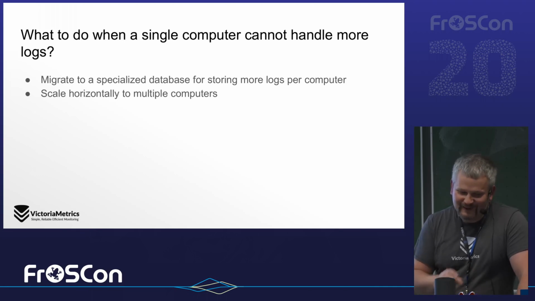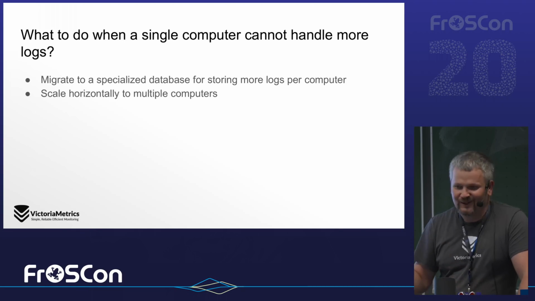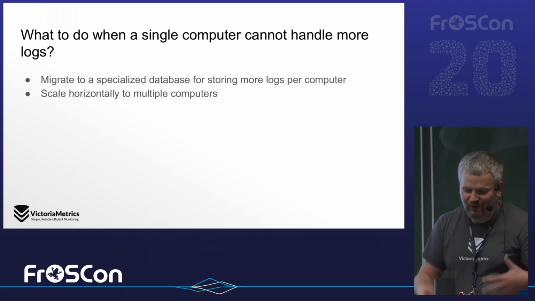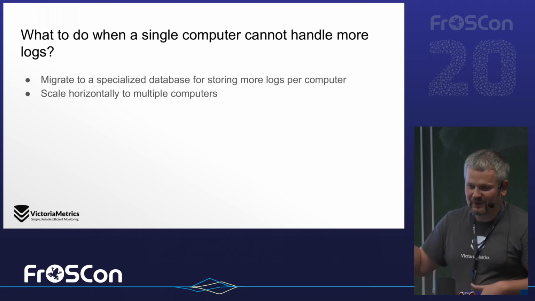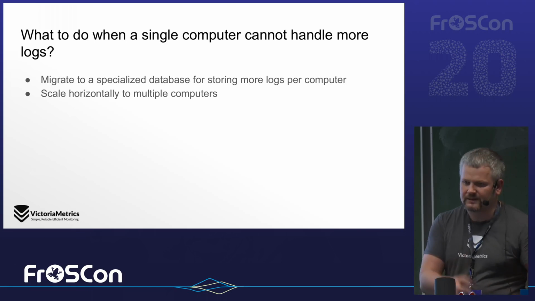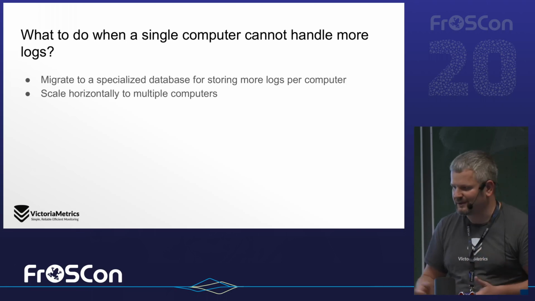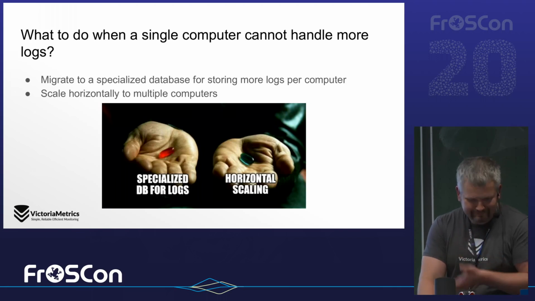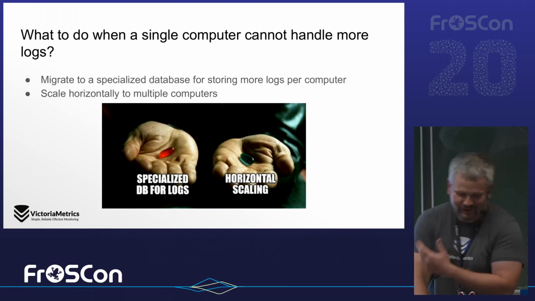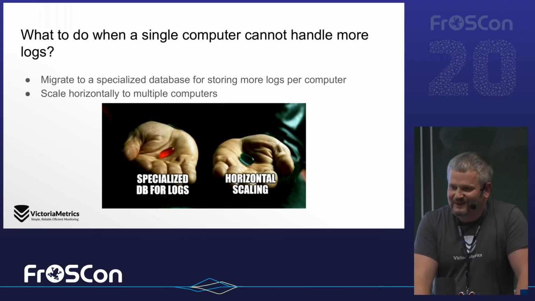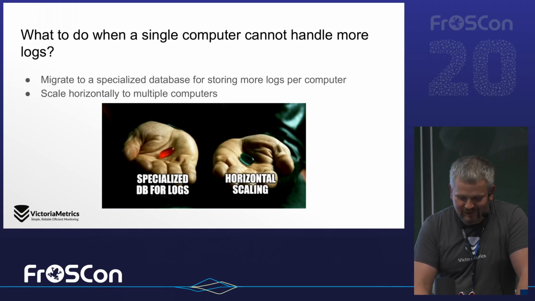I don't recommend starting with scaling horizontally for Postgres or for other databases before reaching the scalability limit for vertical scaling on a single computer, because this increases operational overhead, this increases everything, this increases costs, and so on. So choose the first pill, a specialized database for logs, and then if this doesn't help, then choose the next pill, horizontal scaling.